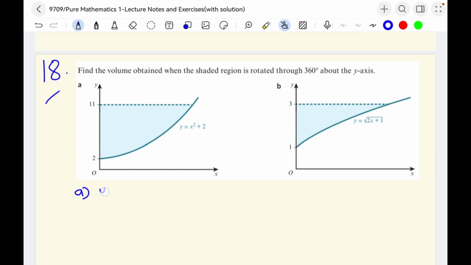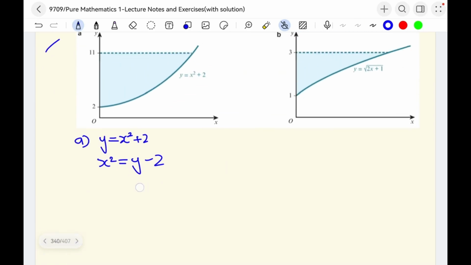Let's operate it here. You will get x squared equals y minus 2. When it comes to the square of x, you don't have to do extra working. Isn't it convenient?